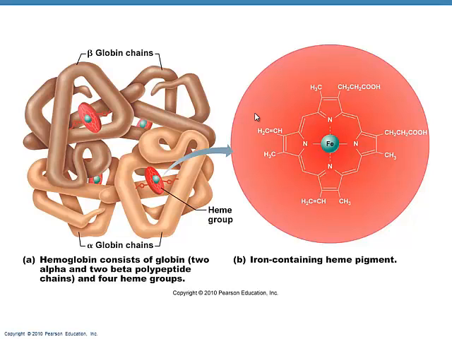Carbon dioxide. So when I breathe in versus breathing out, we're going to see that there are different concentrations of oxygen and carbon dioxide. And hemoglobin is going to help me carry both. So if hemoglobin is carrying oxygen, what do we call it?